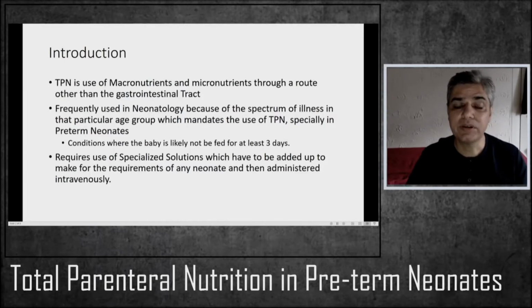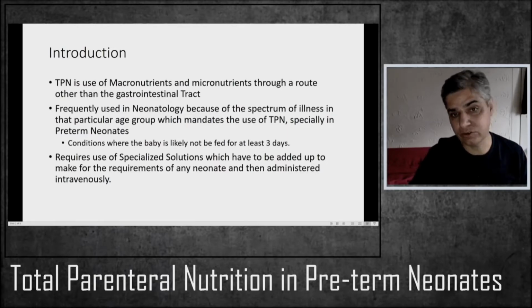Many times preterm neonates might have necrotizing enterocolitis, a very severe life-threatening condition of the gastrointestinal tract. In that case, again, we have to use an alternative route, and for that we use TPN. There are so many other conditions as well in which TPN is used.